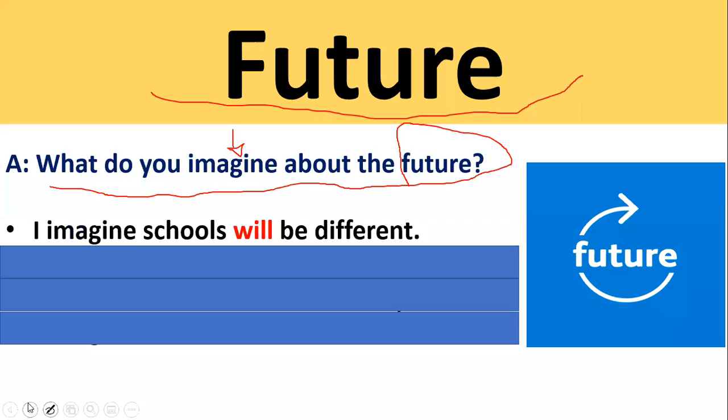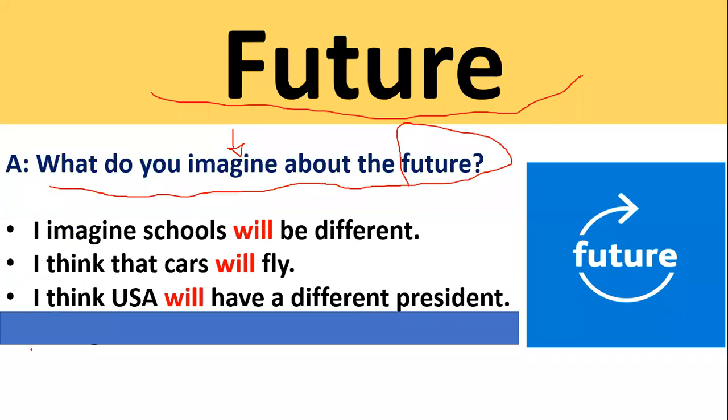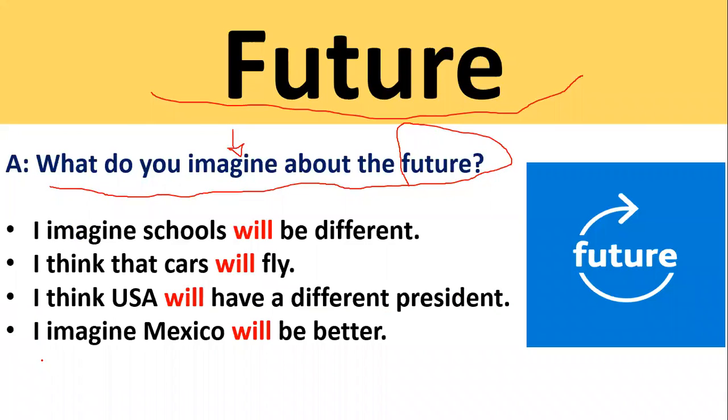Or I think that cars will fly. I think USA will have a different president. Or I imagine Mexico will be better. Okay? This is what I want you to do.